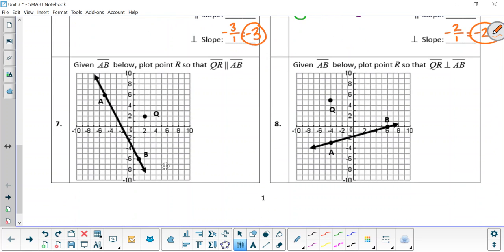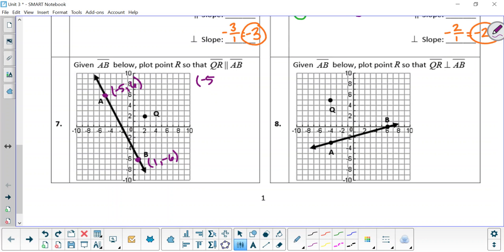Seven and 8 deal with a slope that we didn't talk about in our notes in our review, because you don't have to use this way. You could use your 2 points. So in this case, it is at negative 5, 6, and it is at 1, negative 6.